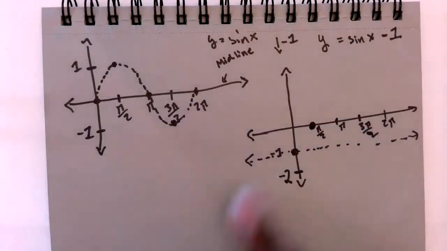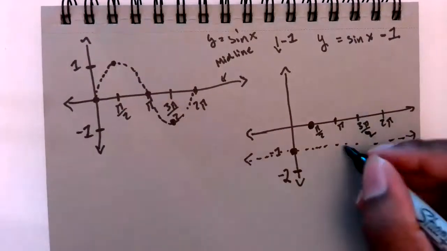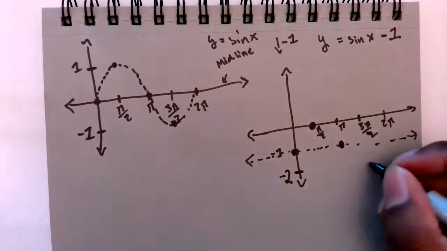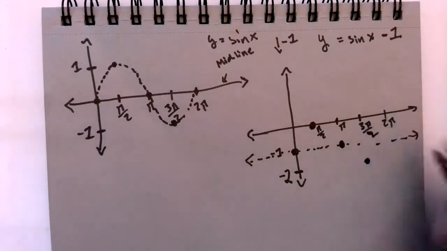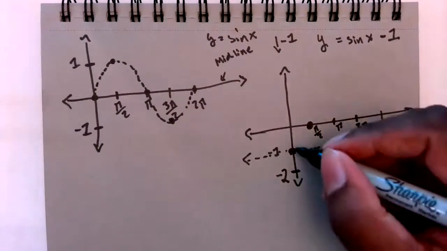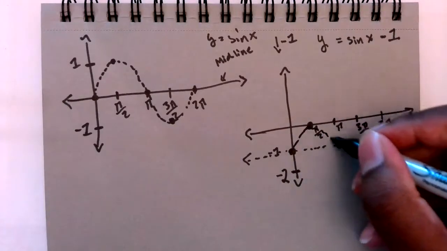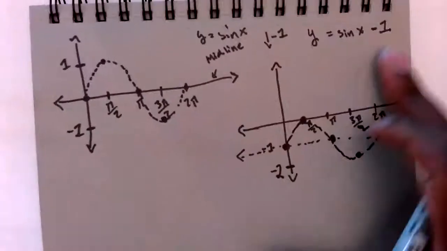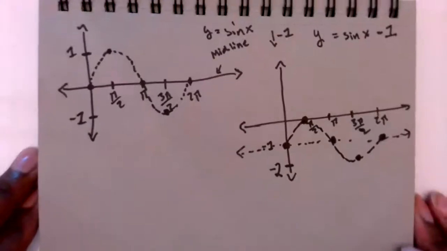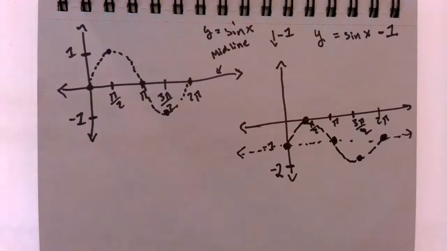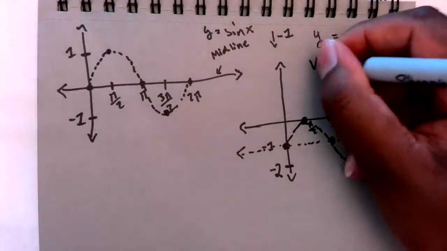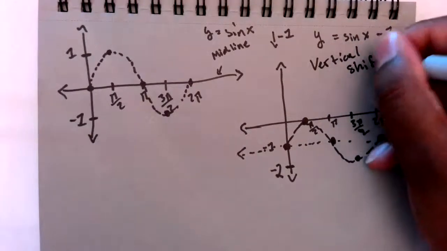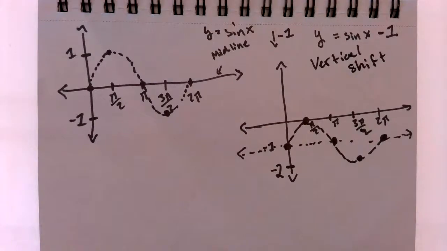At pi, we're on the midline. At 3 pi over 2, we're 1 below the midline. And at 2 pi, we're on the midline. So this is the function, and we shifted it down 1. All right, so that's our vertical shift, and it works just like the x squared functions.